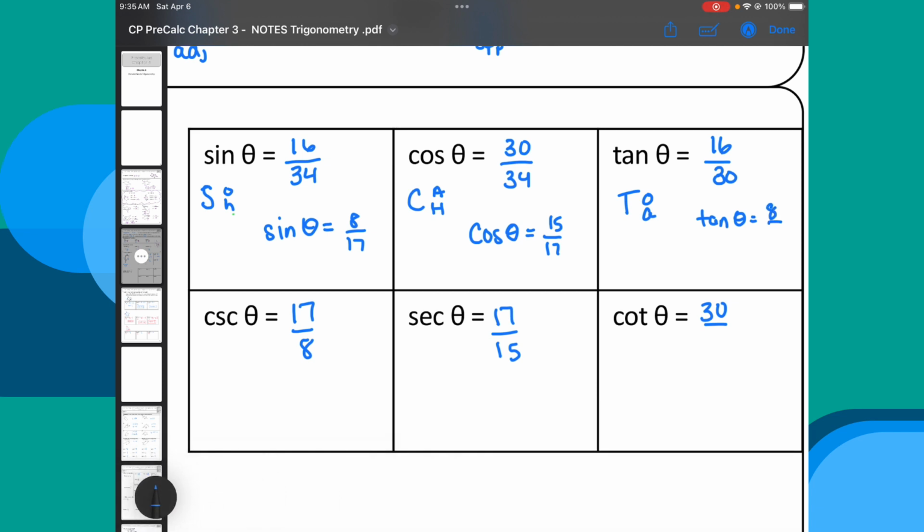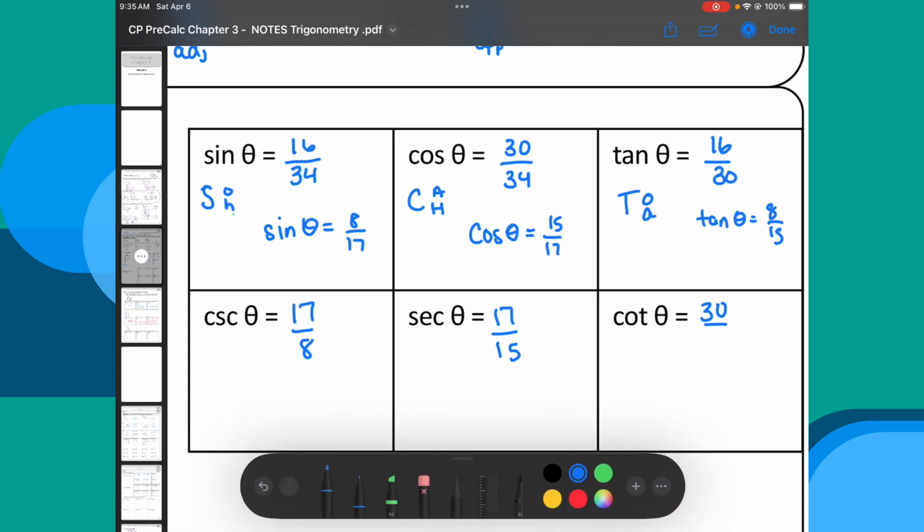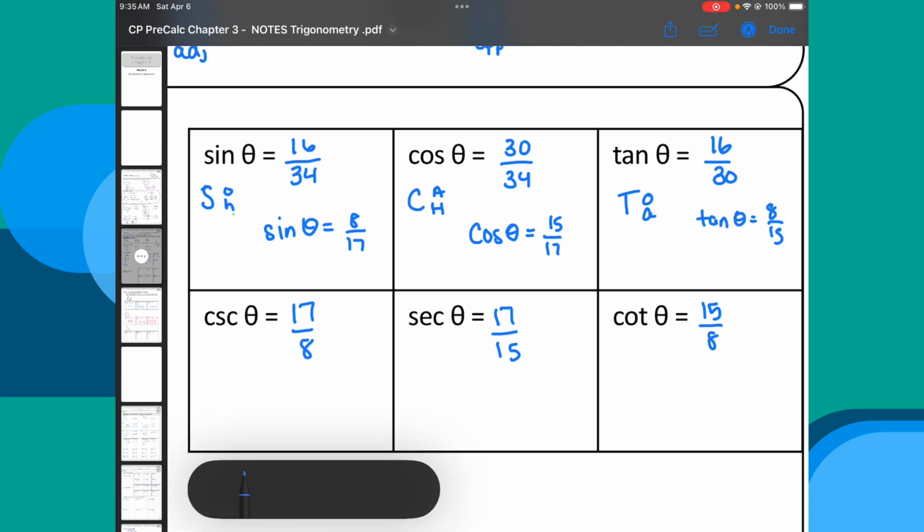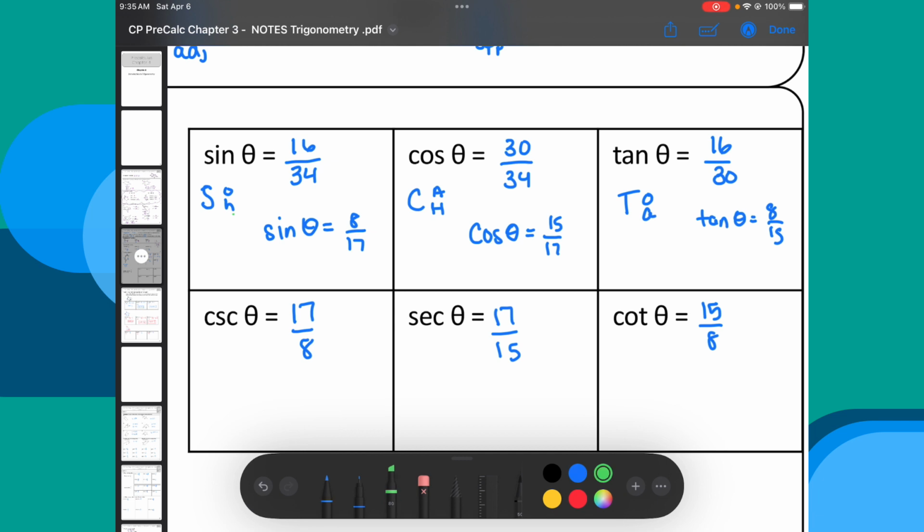That reduces to 8 over 15. So then cotan, that reciprocal, is 15 over 8. Make sure that you know which trig function matches to which reciprocal function. That will be very important that you know that.